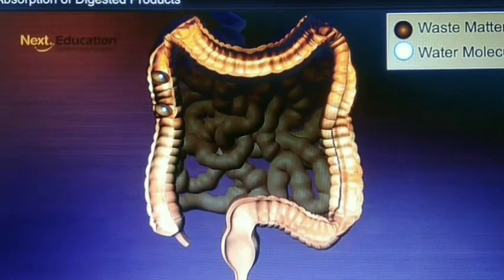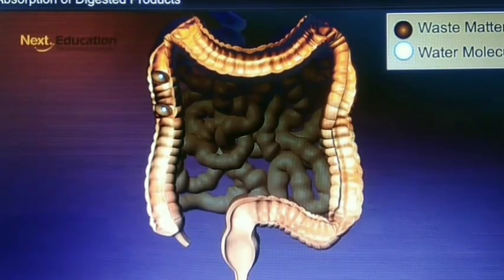As they are moving, the water gets absorbed, and this waste matter, with the help of mucus, the large intestine produces mucus, and this mucus and the waste adhere together to form feces.